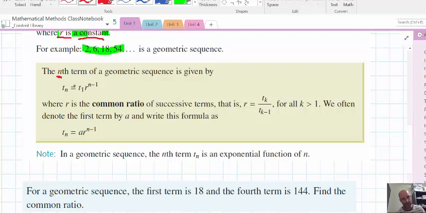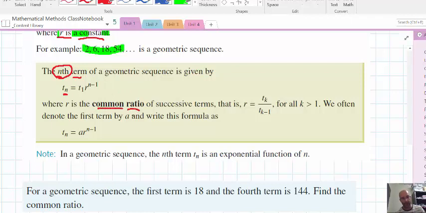Also important is how to get a certain term in a geometric sequence. You might remember from our arithmetic sequences we often had to perform tasks where we were after a specific term, and that's a common requirement in sequences. For a geometric sequence, to get a particular term, which has term number n, you get the first term and multiply it by the common ratio r raised to the n minus 1.